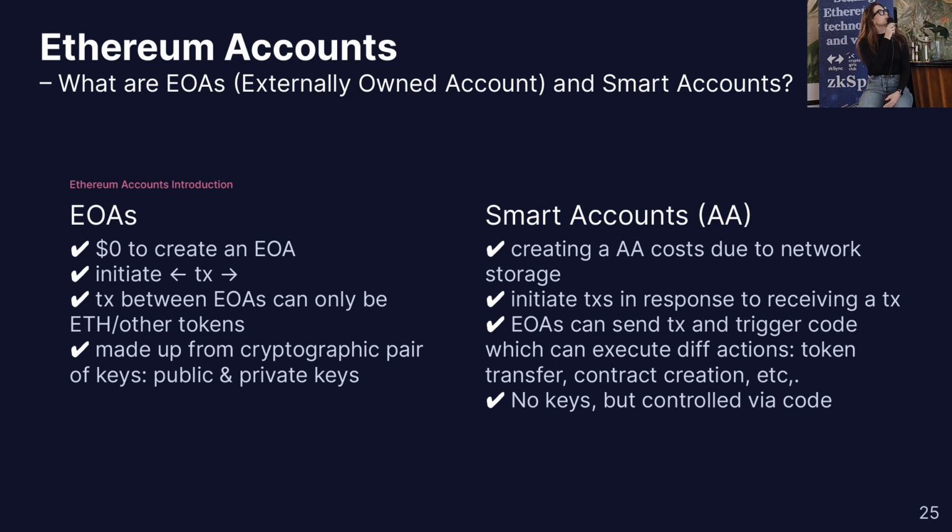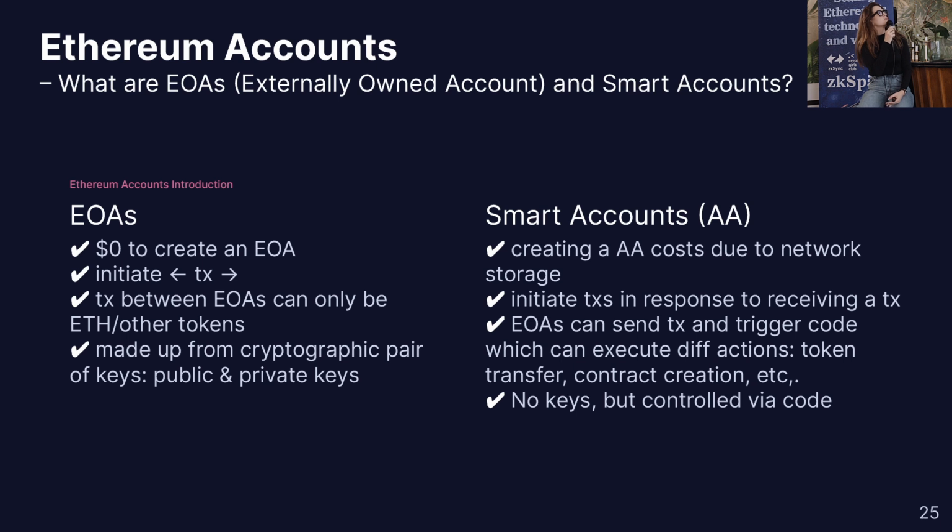And then on the other aspect, smart accounts, compared to externally owned accounts, they do cost. To create a smart account, you will need to pay some money to be able to create it because it uses network storage.